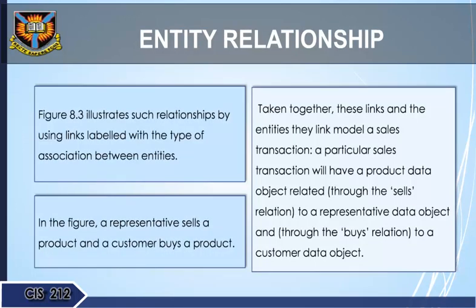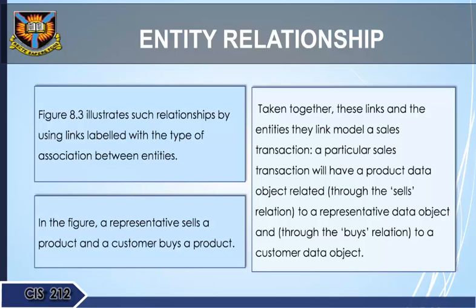Figure 8.3 above illustrates such relationships by using links labeled with the type of association between entities. In the figure, a representative sells a product and a customer buys a product. Taken together, these links and the entities they link model a sales transaction.